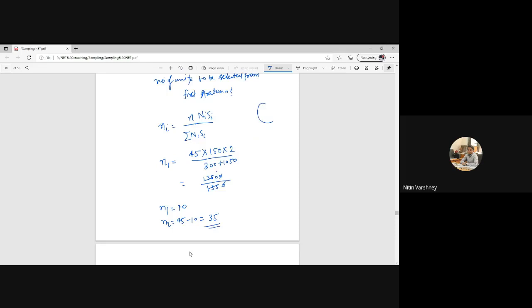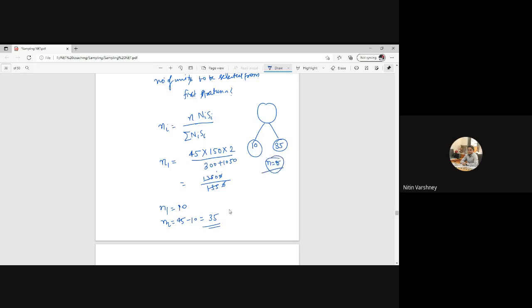So we are making two strata, and from the first stratum we are selecting 10 samples, and from the second we are selecting 35, and the total sample size is 45.